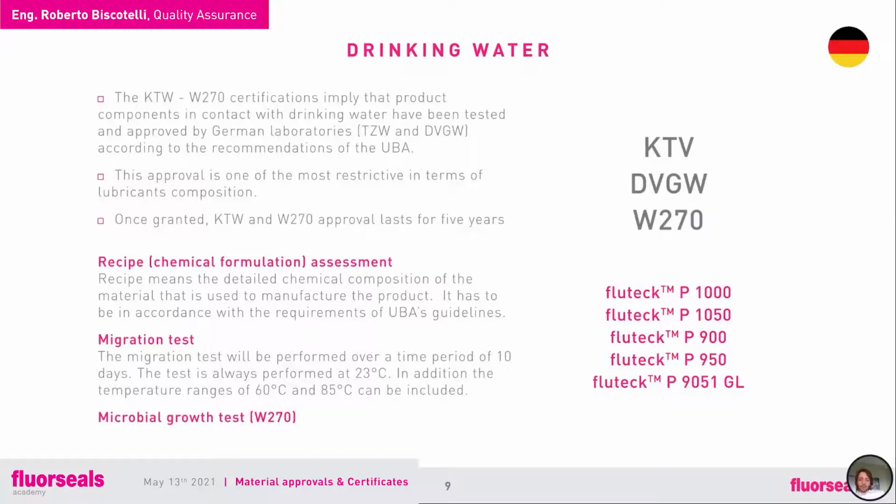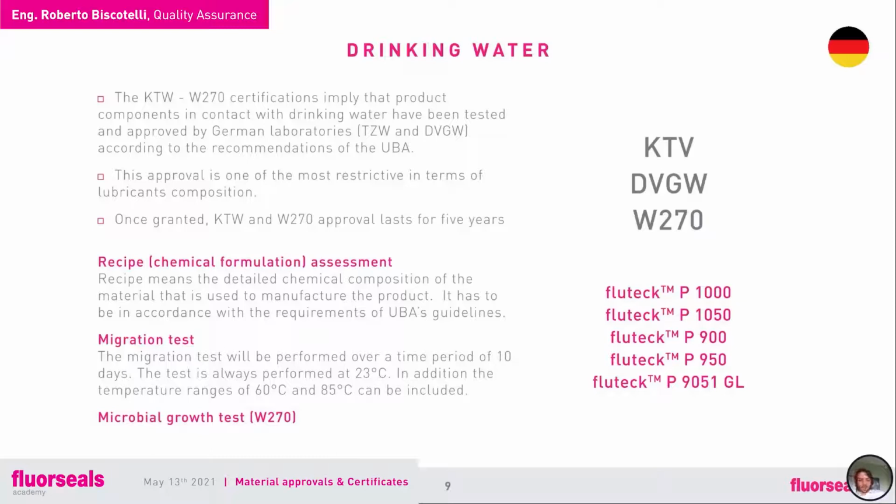This is one of the most restrictive in terms of composition. Once granted, they both last for 5 years. The testing here, at first, they ask you for a full disclosure of the recipe of your products. So they want to know every ingredient that is used in this product, or in your material, and they want to see if this is in accordance with the UBA's guidelines. The UBA is the German Environmental Agency.